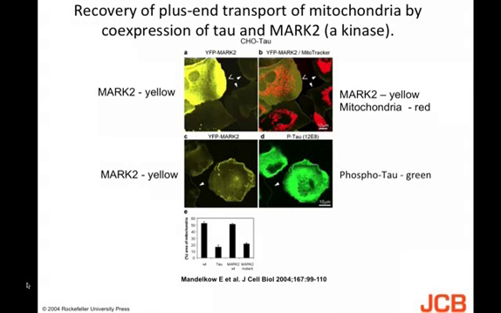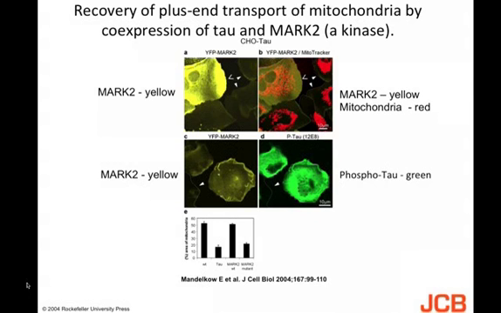But here, they're co-expressing a kinase called MARK2. It doesn't matter what it's called. I'm just trying to illustrate the point that this is regulated by phosphorylation. So when you overexpress MARK2, and here you're looking at mitochondria, this is just showing MARK2 and mitochondria.